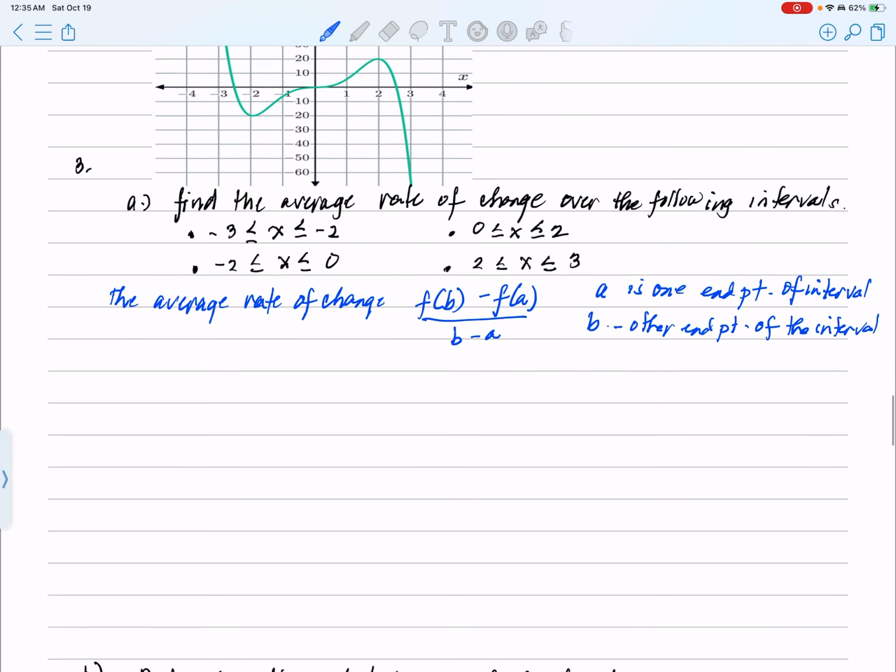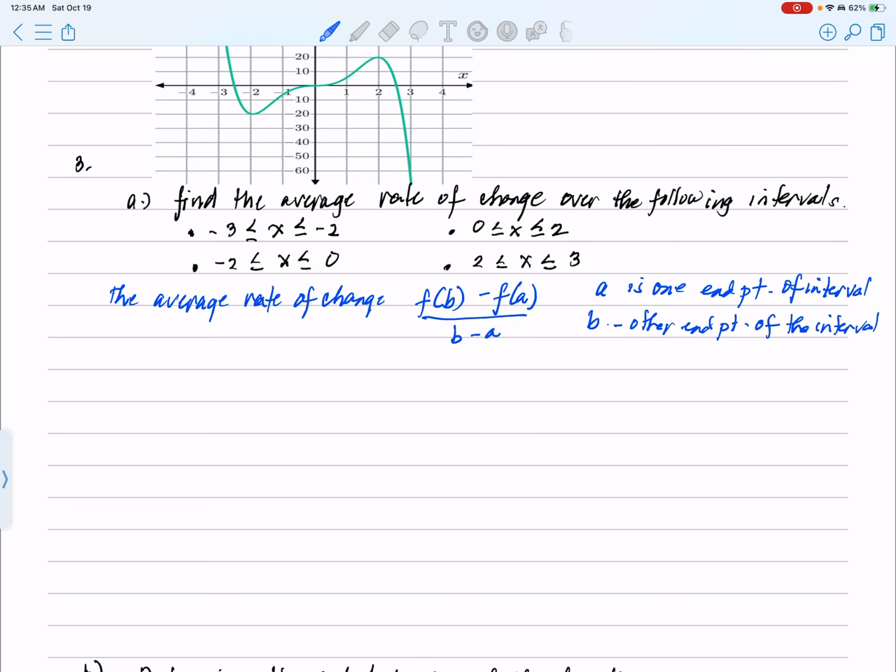We'll start with the first interval given, between -3 and -2.